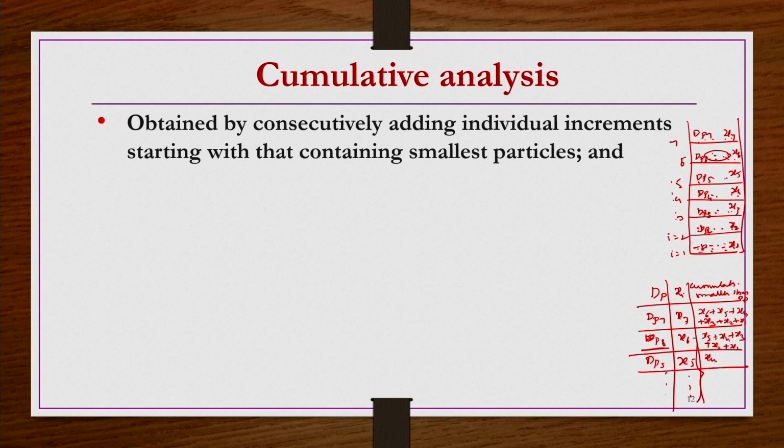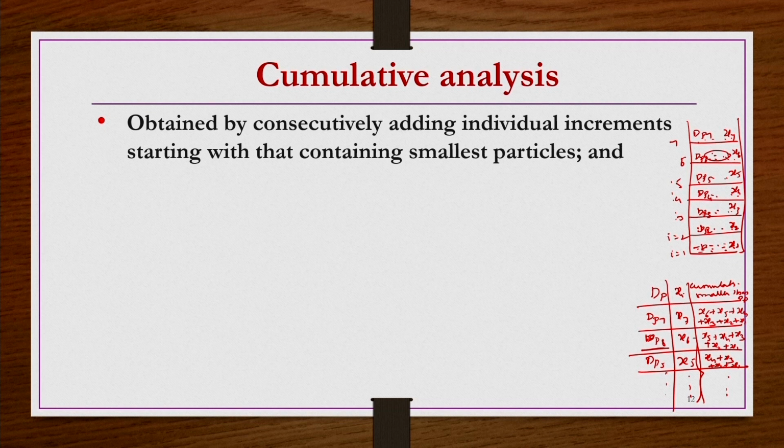Likewise, here it should be x_4 plus x_3 plus x_2 plus x_1. Like this we have to add, and then this cumulative fraction versus dp one has to plot. That will give the cumulative fraction or the cumulative analysis smaller than dp_i, right.